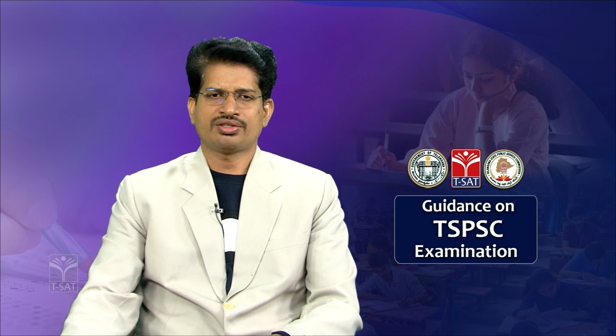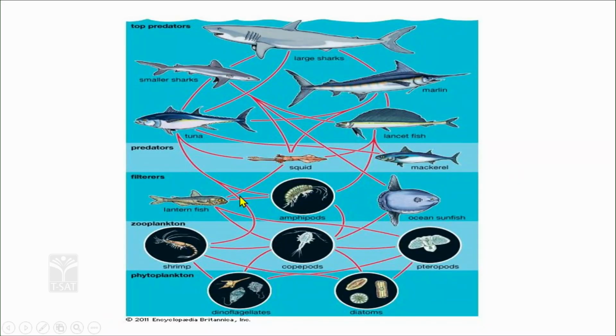In the case of trophic level structure, for example, this is a trophic level structure in a marine environment. The sharks occupy the topmost layer.